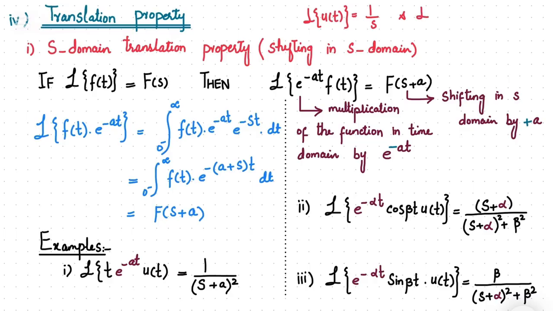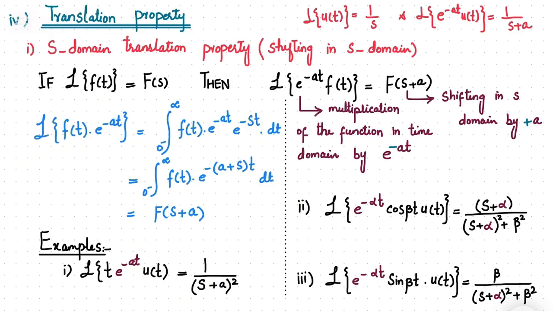And when we calculated the Laplace transform of e raised to power minus at into u of t, that was equal to 1 over s plus a. Laplace transform of this function we calculated, and we know that this is equal to 1 over s. What is this function? This is the product of u of t by an exponential function.